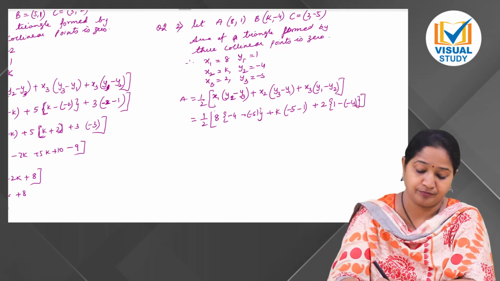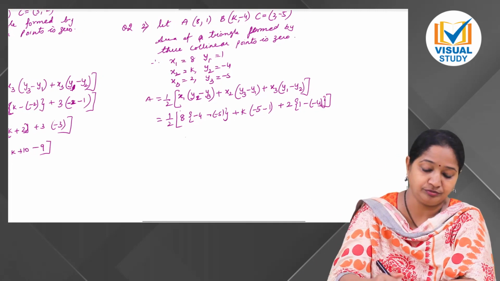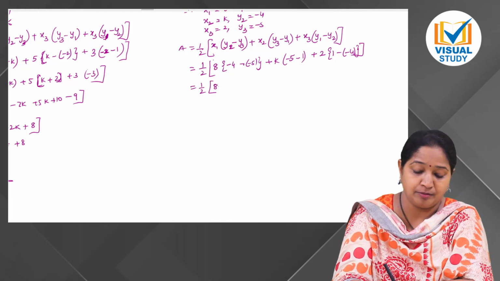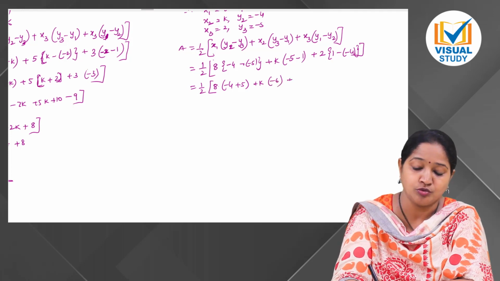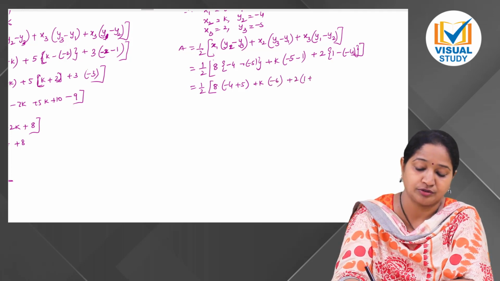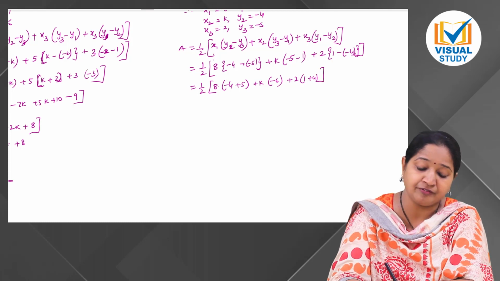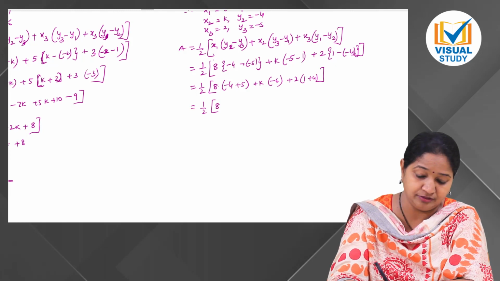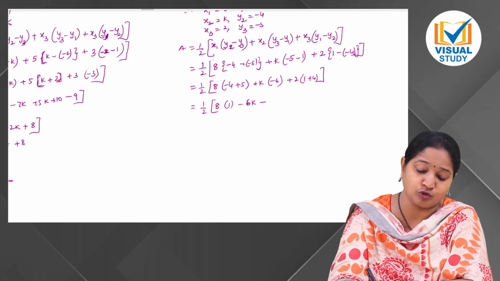Okay. Now that is equal to half, 8 into minus 4 minus of minus 5, minus into minus is plus, 5 plus k into minus 6 plus 2 into 1 plus 4. Be careful while solving these sums. 1 minus 6k plus 4 plus 1, 5. 5 2s are 10.